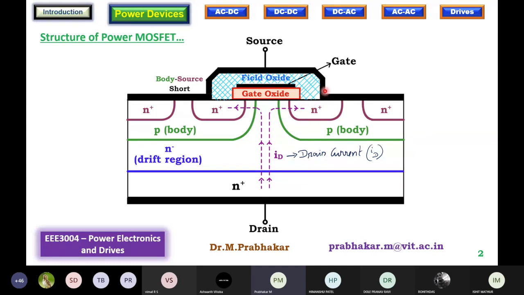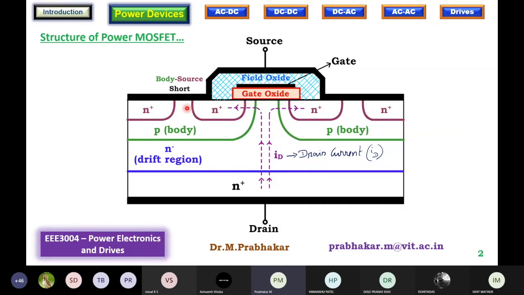But if you look into the structure, see here you have a p-type body layer and then you have an n plus layer. So this forms a p-n junction over here. Again, you have the same p-n junction on either side, p-type body and n plus source. But then the junction has to be forward biased suitably.